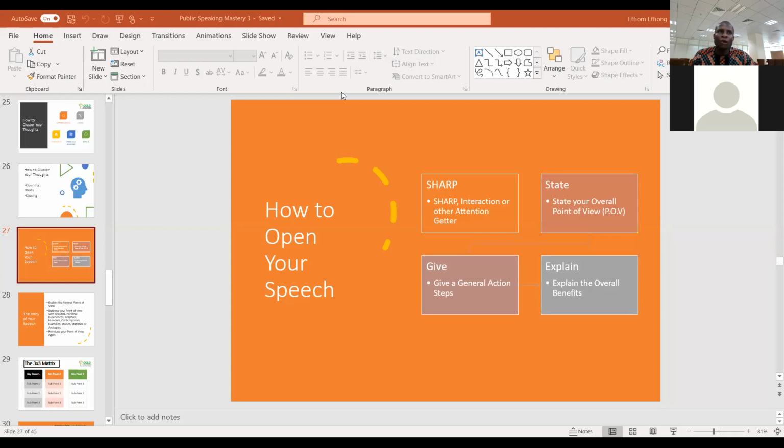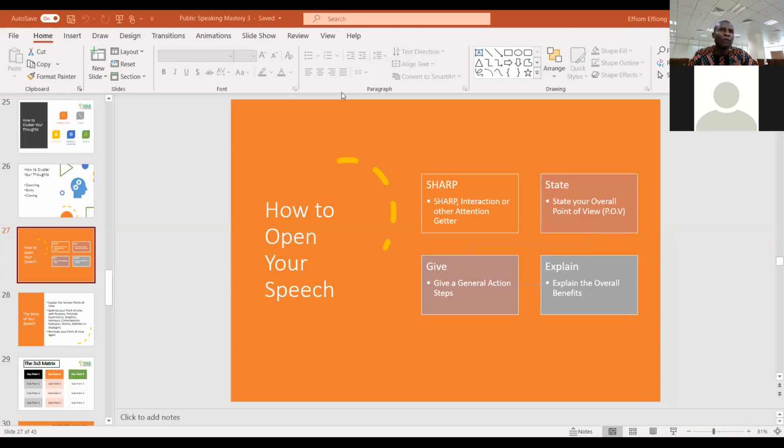Don't drag the opening. Don't make the opening boring. Strike the iron sharp and hot in your opening. This is very important. So arrange your opening like this. First, SHARP.